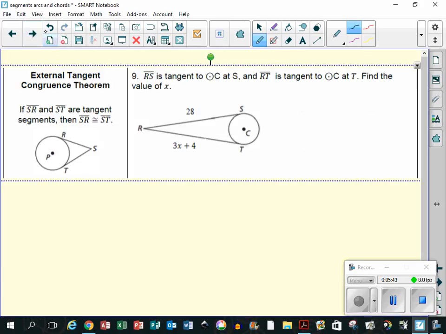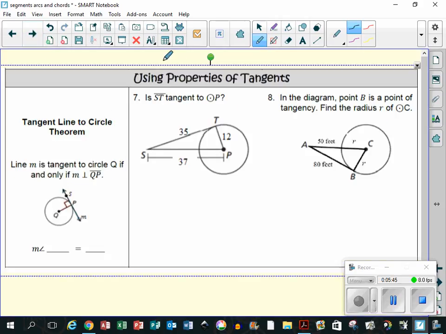All right, so let's use some of these properties. First of all, a tangent line. They're saying line M is tangent to the circle at point P. Basically, line M is tangent to circle Q if and only if M is perpendicular to the radius QP.